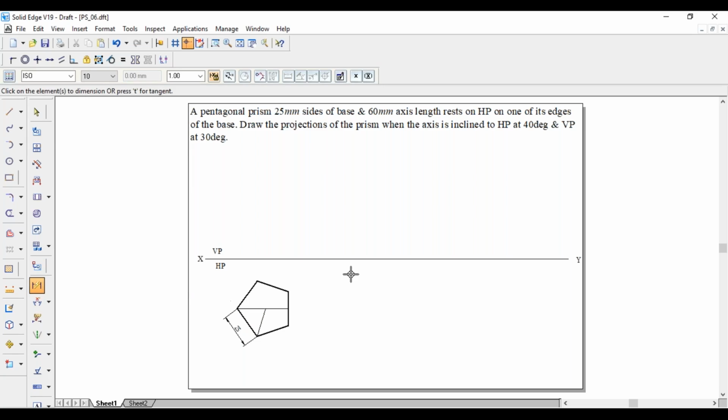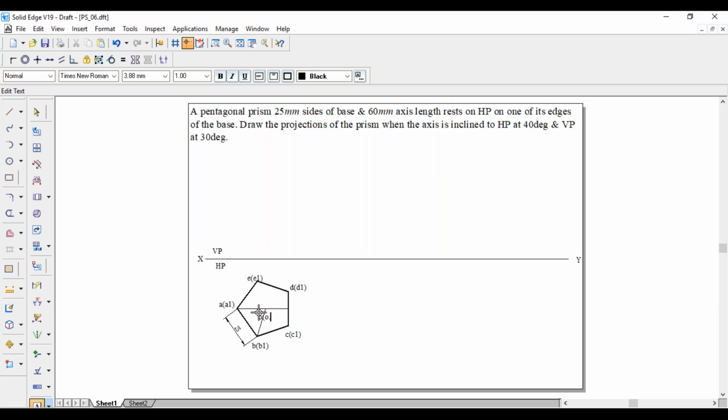A in the bracket A1, B in the bracket B1, C in the bracket C1, D in the bracket D1, E in the bracket E1, and this one is O in the bracket O1.